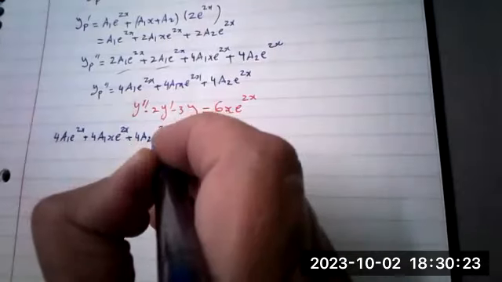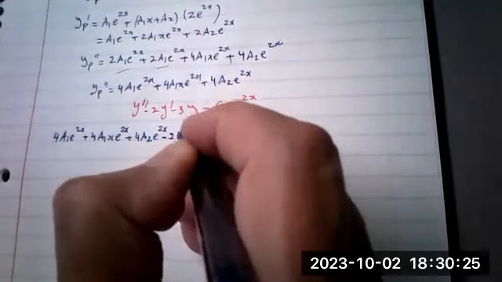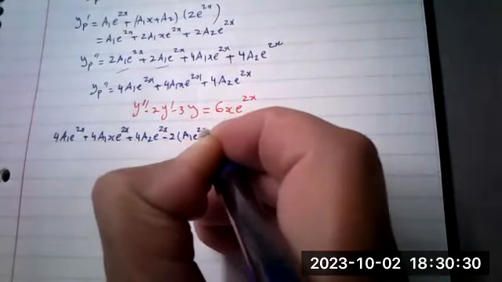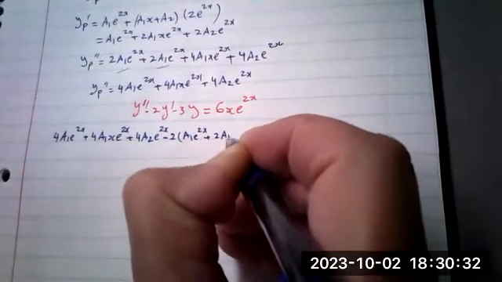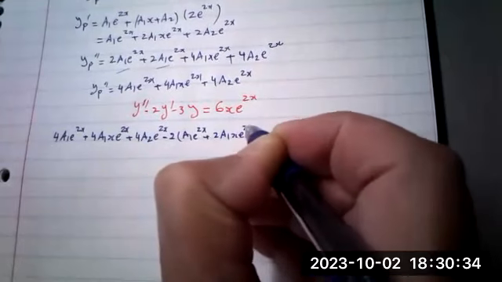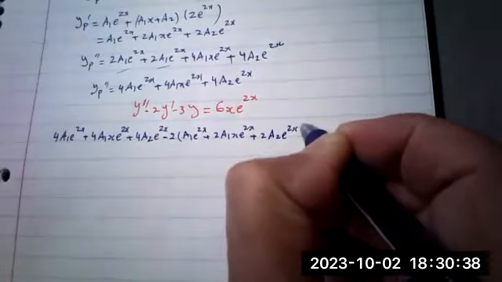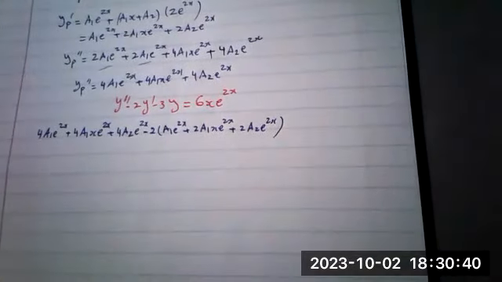Okay, I write it down so you know what's going on. 2 times y prime. Your y prime is a1 e to the 2x plus 2a1 x e to the 2x, plus 2a2 e to the 2x. That is y prime.